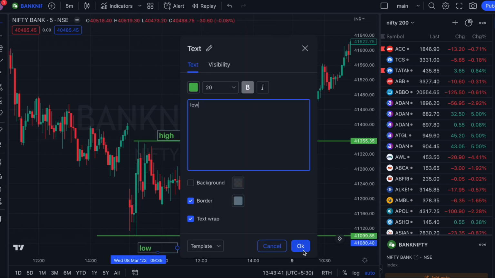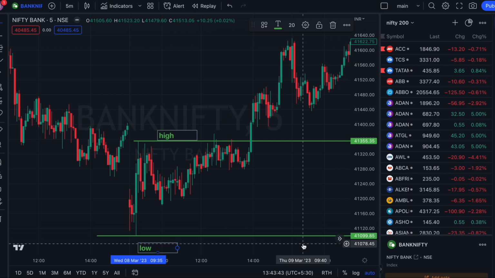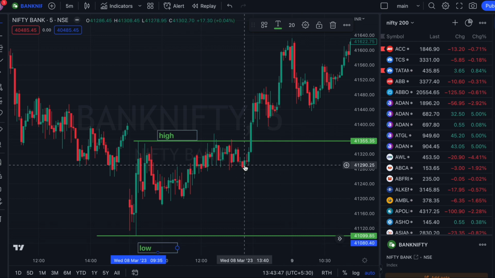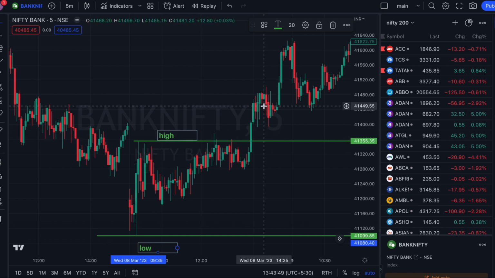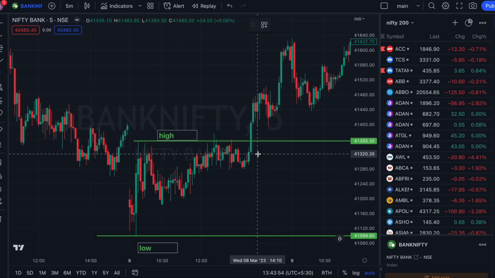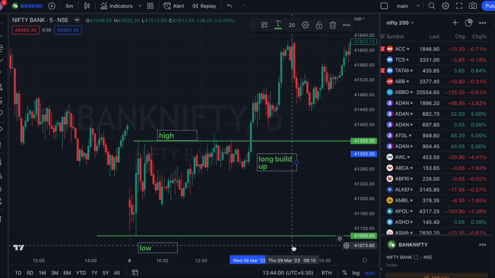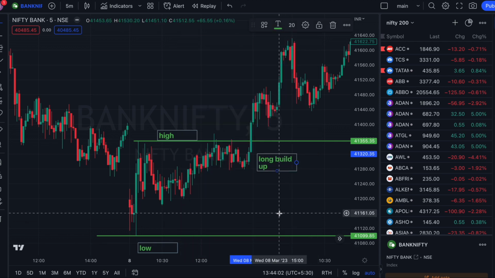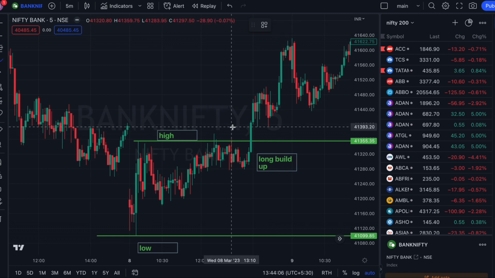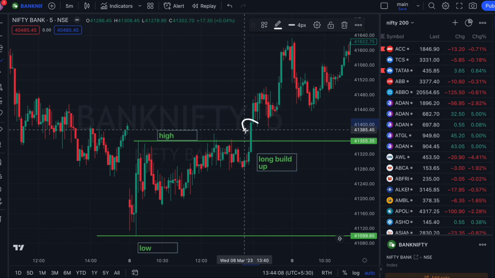So if there is a long build up and the market crosses the high of the initial balance with a long build up, we are going to take a trade and we are going to buy, and we are going to take our trades around this position.